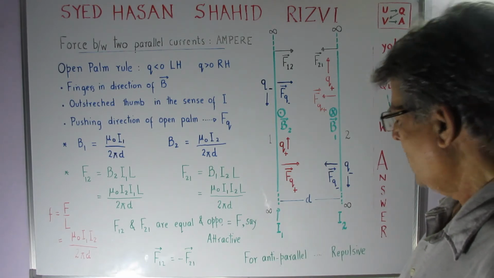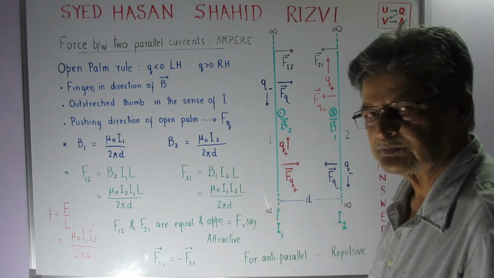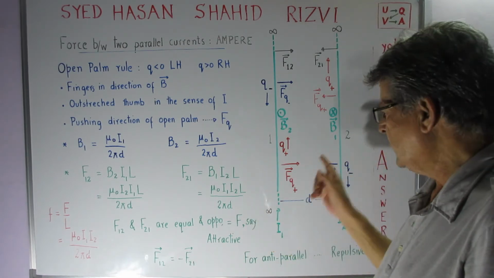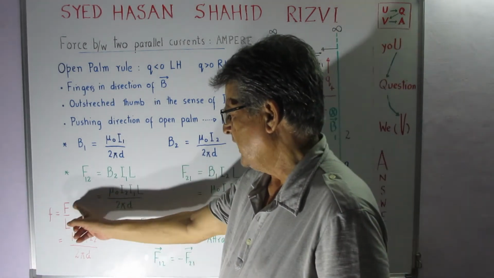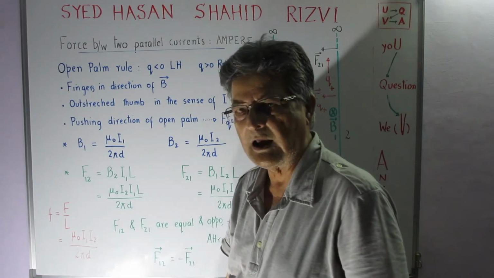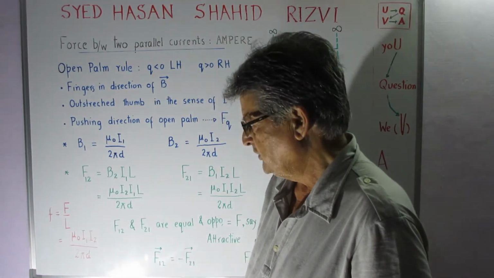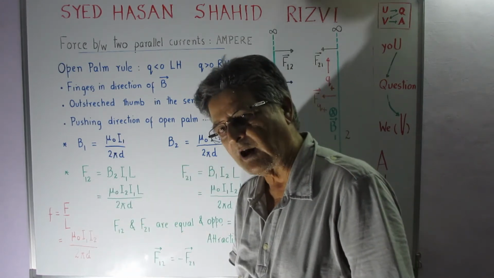Now, this force was taken as equal to F on a length L of the wire, either this wire or that wire. Let us divide this F by capital L. So I'll get small f, which is the force per unit length of either wire.